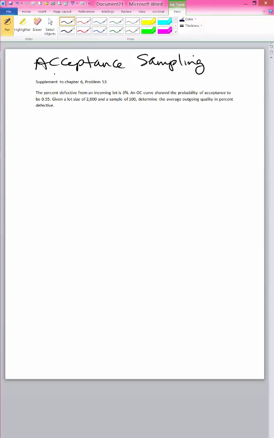With acceptance sampling, you're taking a batch that you're going to ship to your customer, but before you ship it, you sample it and you replace bad units with good units. You don't want that because that means rework, scrap, and lost money, low quality. And you may not be able to catch everything.